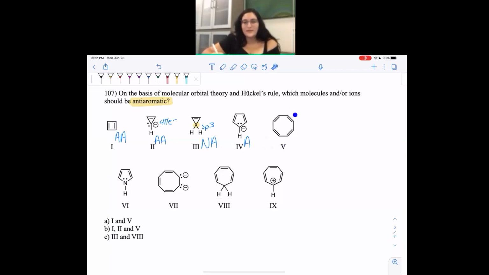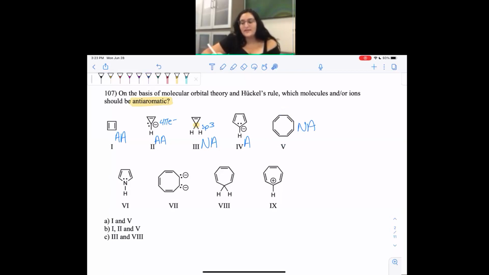How about this one? So we got a couple different answers so far. Remember, think about the planar rule. NA, yes. It's an 8-membered ring.